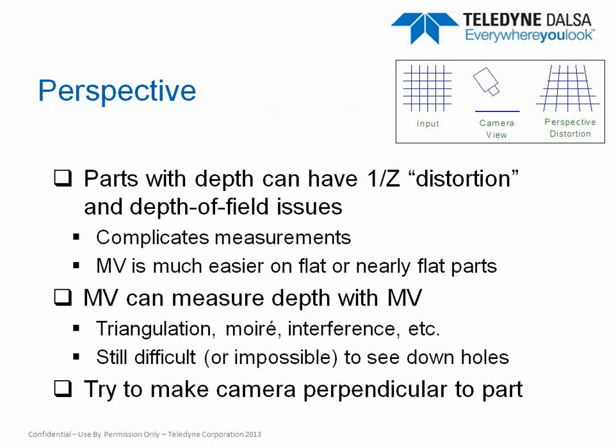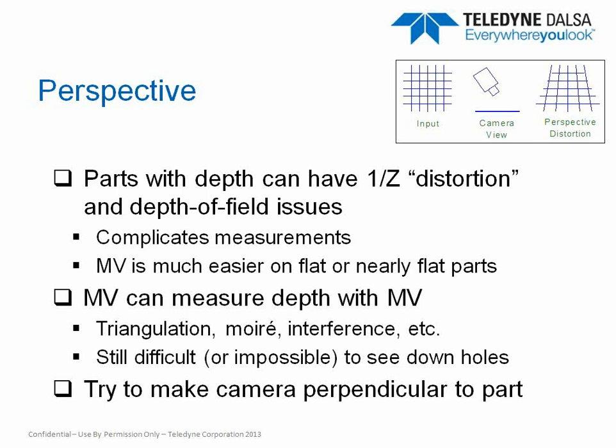So the part would have depth of field issues, which complicates measurements and inspections. Yes, there are a lot of calibrations available on the vision system that allow you to correct for this. But if it's possible, try to get as close to a flat part as you can to make your programming simple.